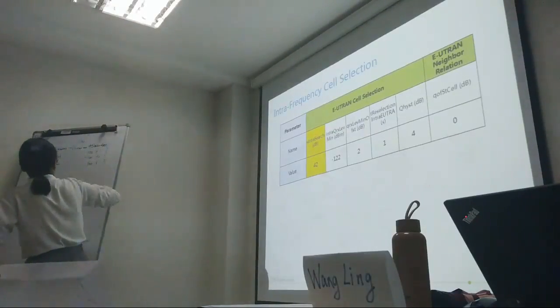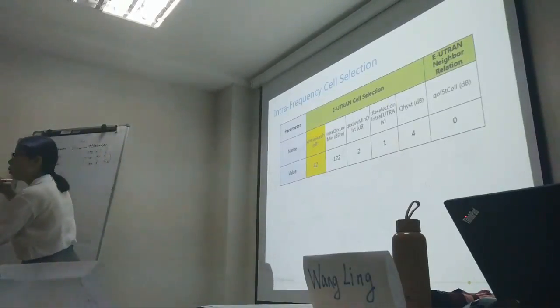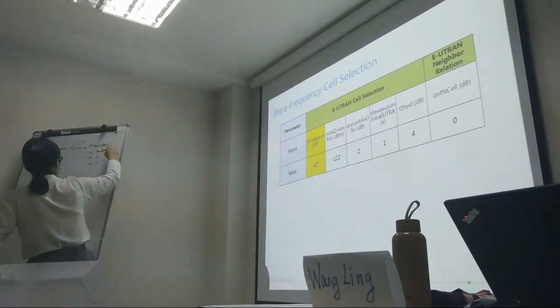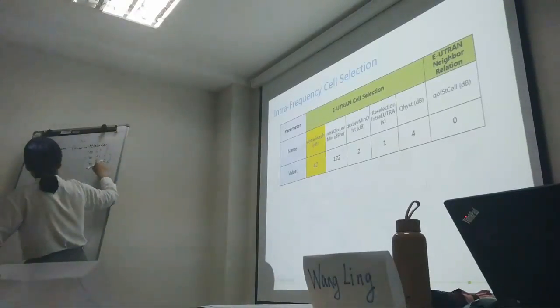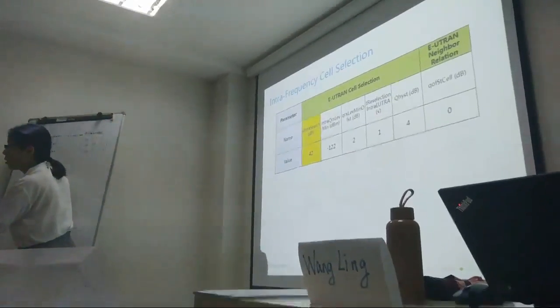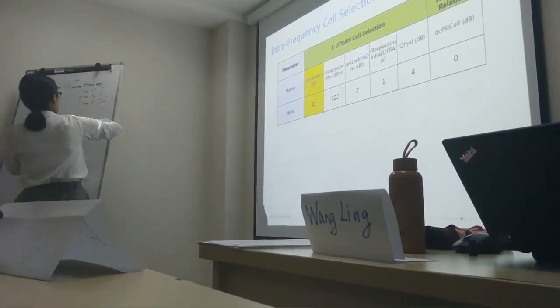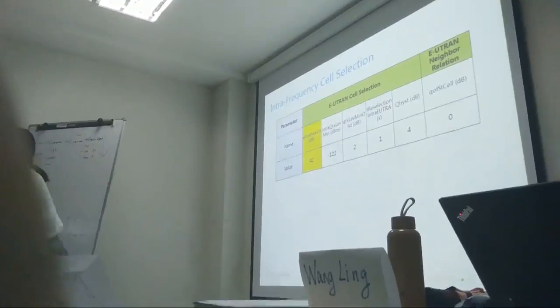If I reselect from TDD to FDD, from high to low, this is a low priority reselection. And maybe for two TDD frequencies, we set the same priority. That's okay. So from TDD frequency 1 to TDD frequency 2, this is the same priority.